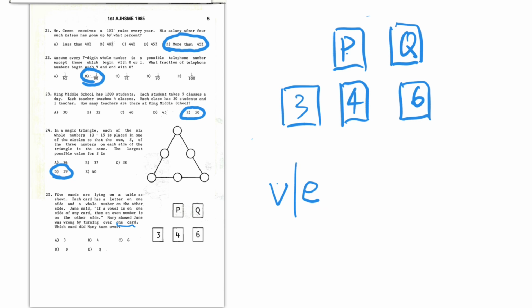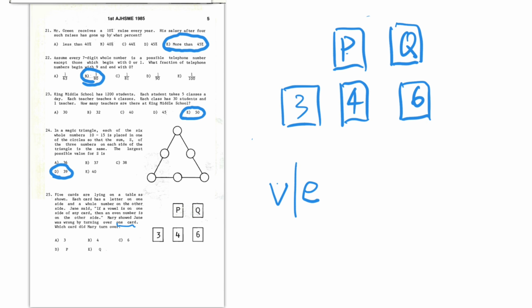For P and Q, if we turn the P or Q, whatever the other side is, even or odd, it doesn't prove anything. For the 4, if the other side is a consonant, it does not show Jane was wrong, because Jane didn't say that one side consonant means the other side is odd. So 4 and 6 show nothing. Only the 3: that's odd.